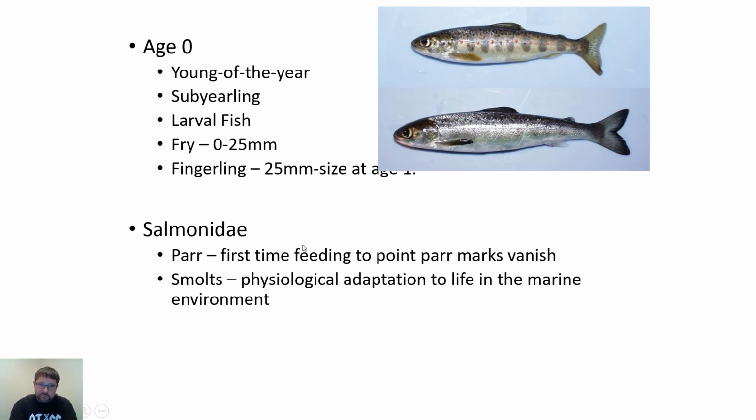During smoltification, those par marks go away. The organism gets a shiny new scale system, and its kidneys and internal body switch over to adapt to the marine environment. We all know, or most of us know, what then occurs as those organisms move from the marine environment back to freshwater. The majority of species do not have the ability to switch their system again.